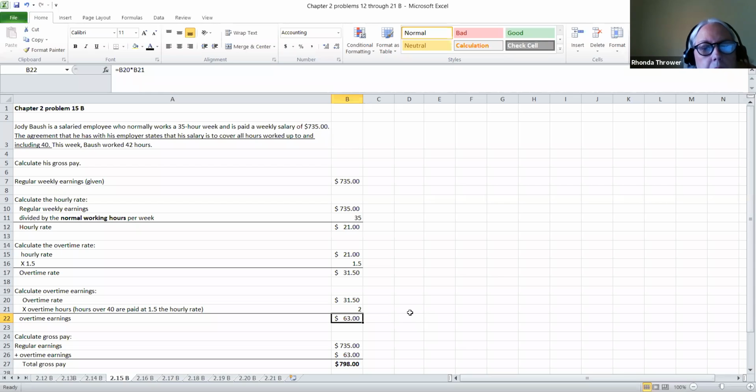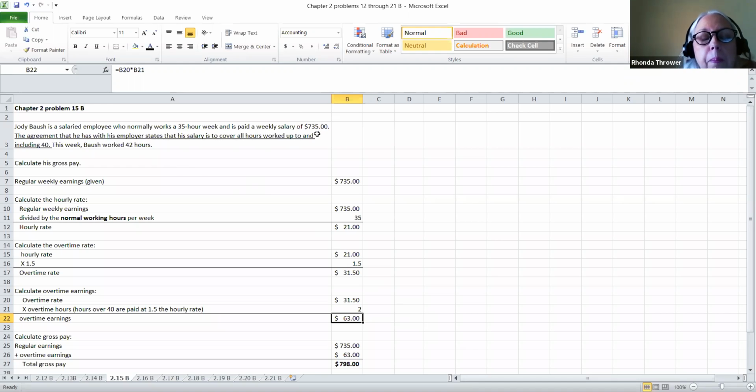of $63. And because this problem stated that the agreement he has with his employer states that his salary is to cover all hours worked up to and including 40. So even though he normally works 35 hours, this is going to be his salary for 40 hours.